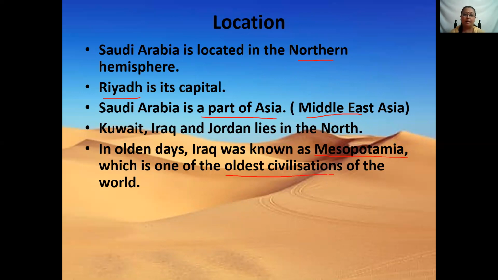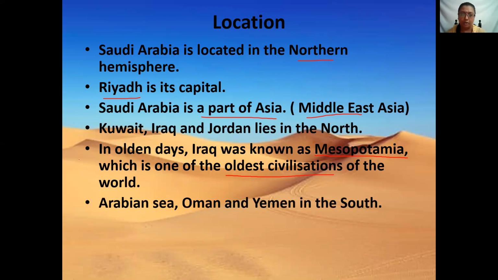Civilization means where people settled long back and where they had their own way of living, where they started having their different lifestyles and everything. They settled in one place and they started having their culture. Okay, that we call civilization. So this Mesopotamia is one of the oldest civilizations of the world.